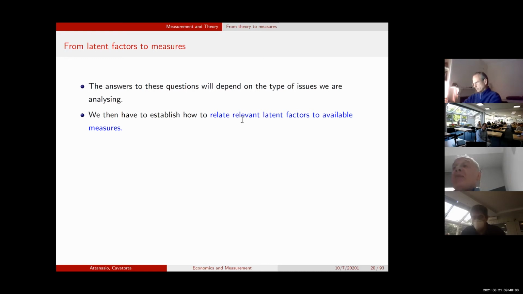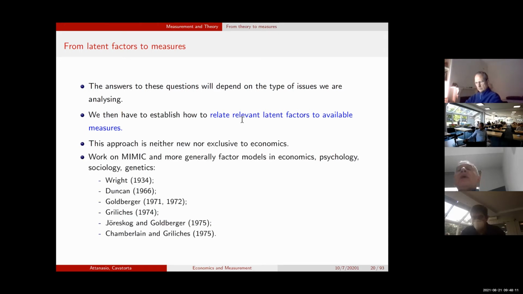And then, having done that, we have to find a way to relate the factors we're interested in to the available measures. Again, if Jim was here, he would shout at me and say, look, this is nothing new. This has been around for a long time. And I agree. Those are some of the papers.